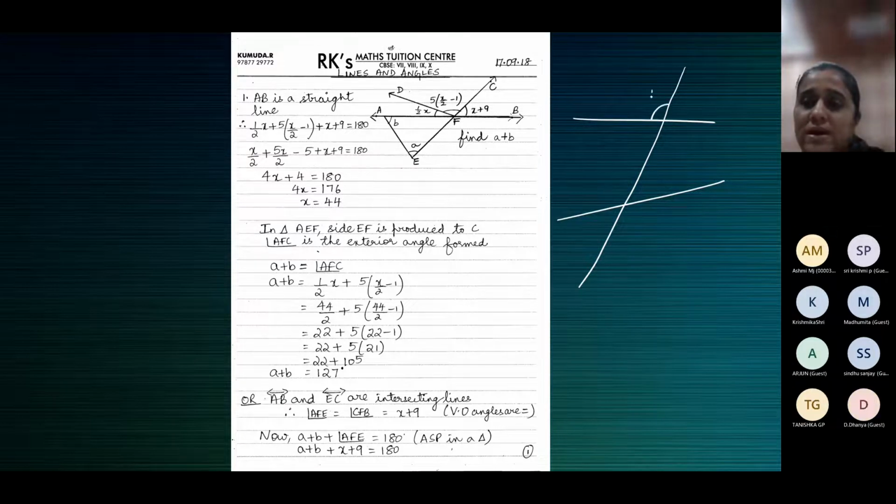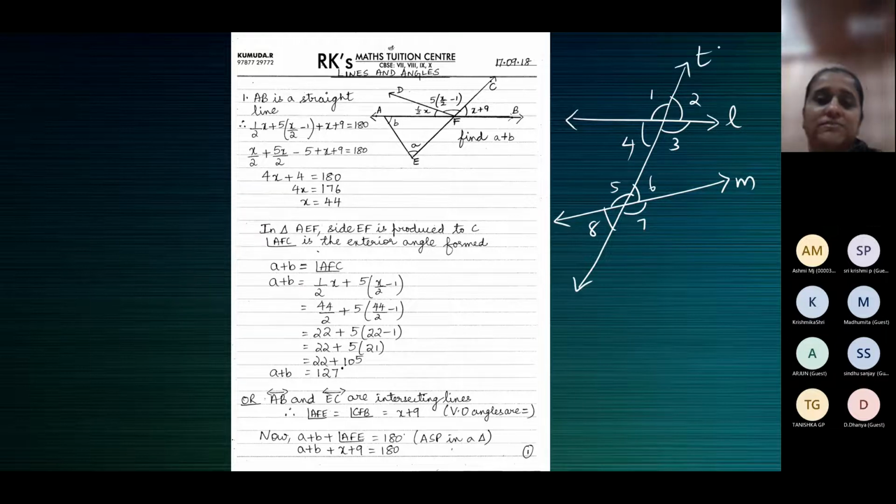So let's number them: angle 1, angle 2, angle 3, angle 4, angle 5, angle 6, angle 7, angle 8. So now let's call these lines L and M. Two lines L and M are intersected by a transversal T.